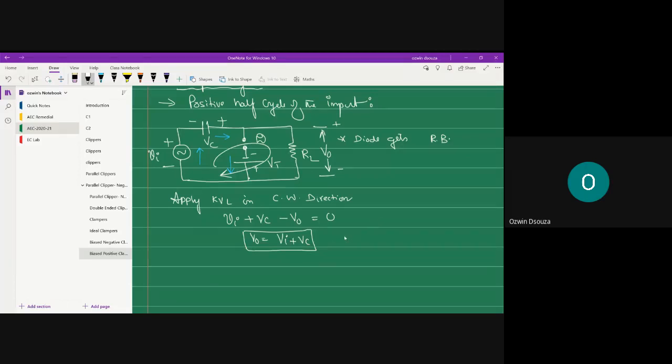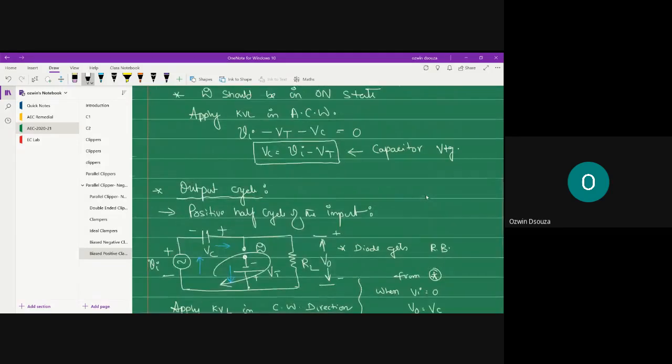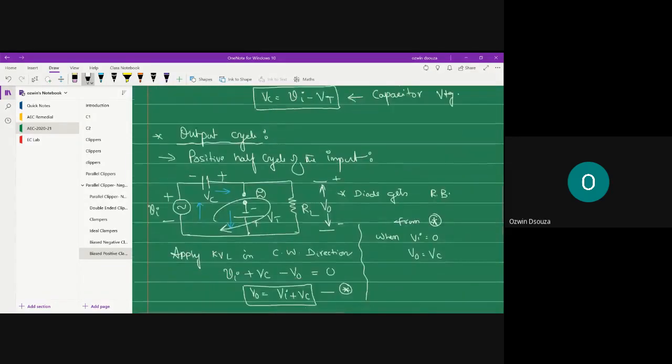So let me write it here, this is equation star. From star, when your input is 0, what is the value of output? Output is equal to Vc. And what's the value of Vc? You have already found, Vc is Vi minus Vt.